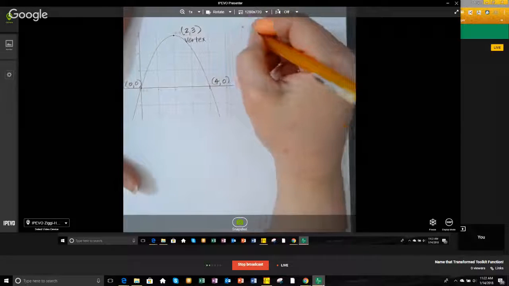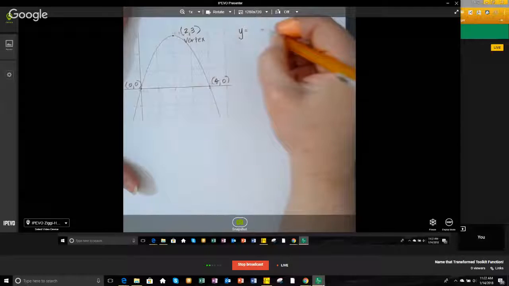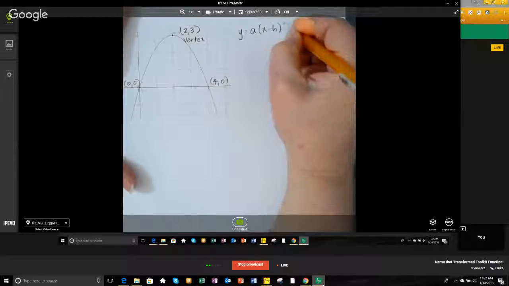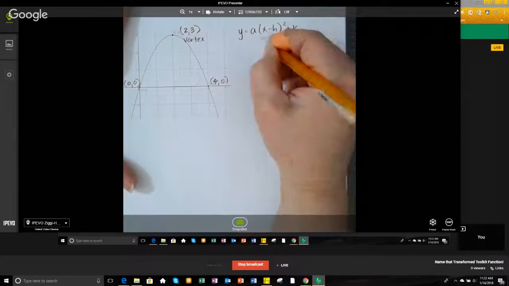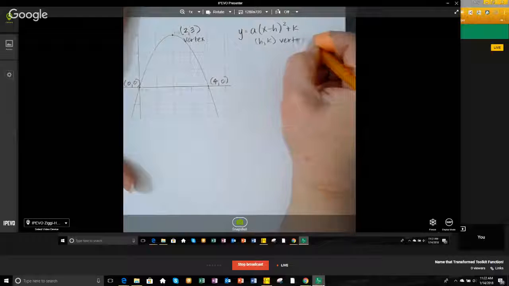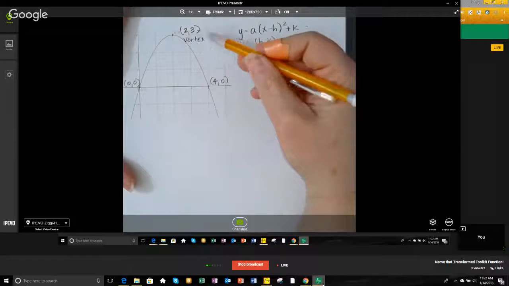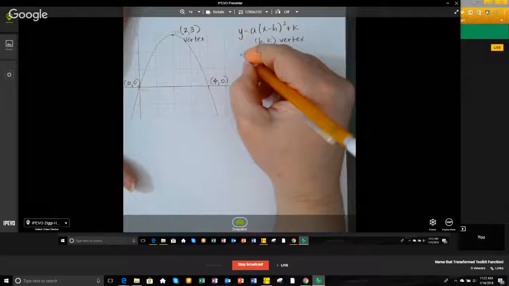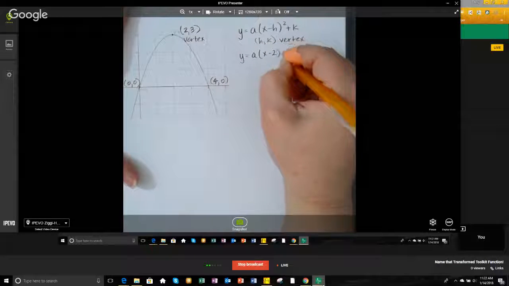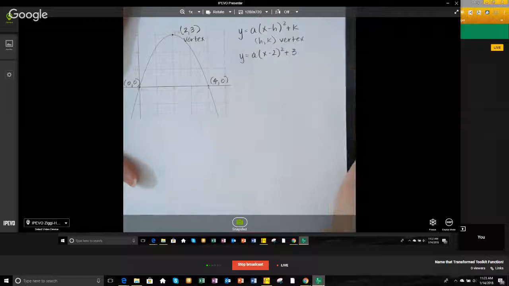And vertex form, the general form for that is y equals a times the quantity x minus h squared plus k, where (h, k) is the vertex. So we know the vertex is (2, 3), and we can use that and say y equals a times the quantity x minus 2 squared plus 3.